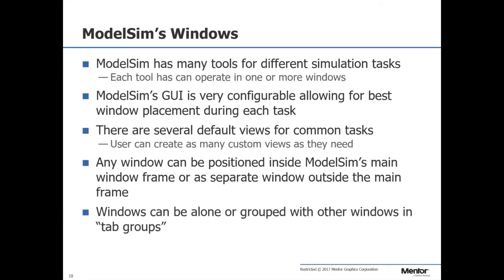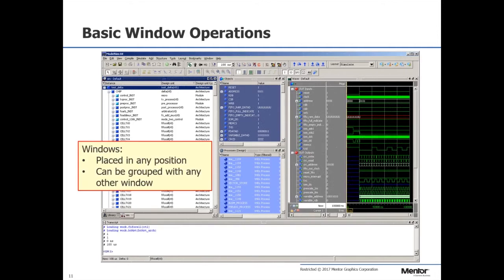There are these things called tab groups, which I display on this picture. A tab group is, you could pick up this window and move it over to the center of here, and then that tab would appear within this tab group. And so you can quickly switch between windows within a tab group.